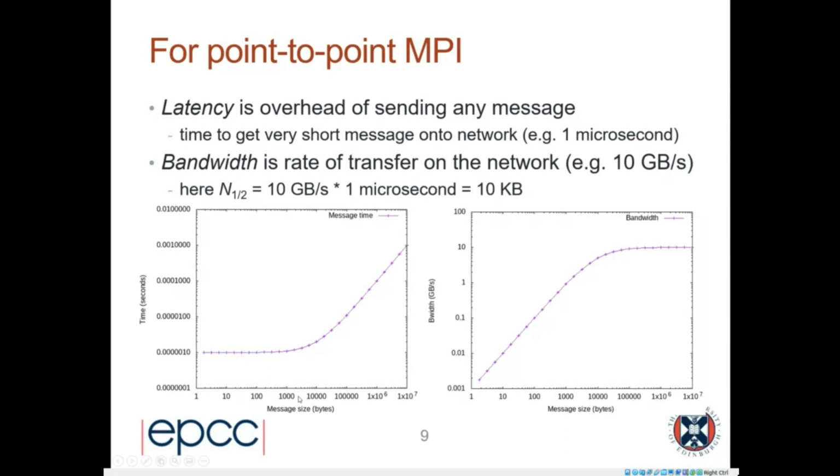Does that make sense? If you do a log plot, you'll see that's the point at which you see it shooting up. You see this latency dominated behavior, fixed time, and bandwidth dominated behavior, where we get a fixed bandwidth. So you can see this crossover, and this n.5 is a useful concept, where you spend half your time in latency and half your time in bandwidth.